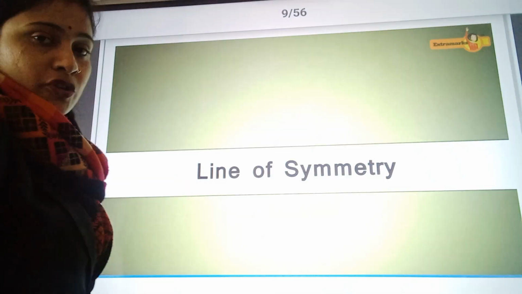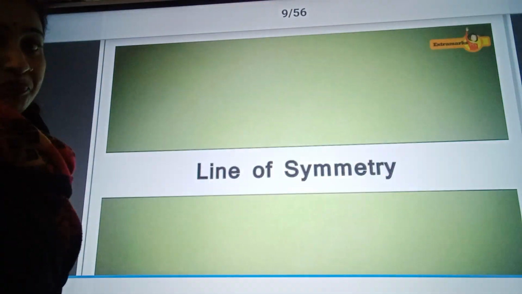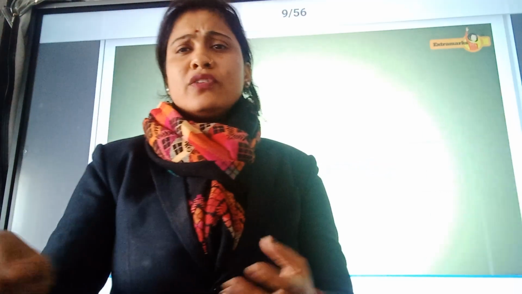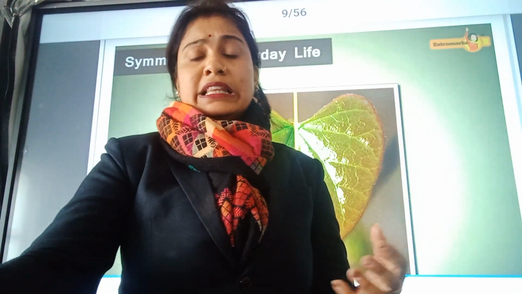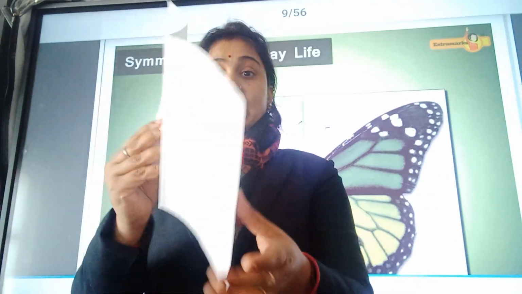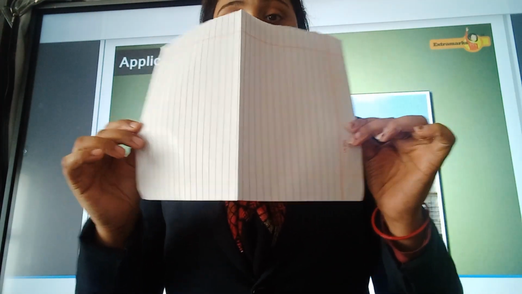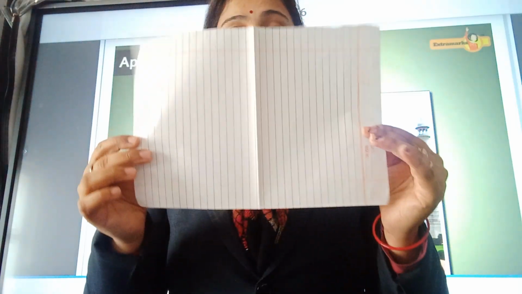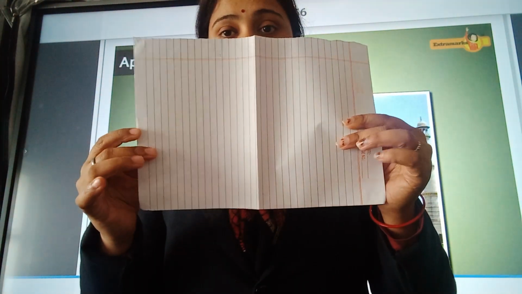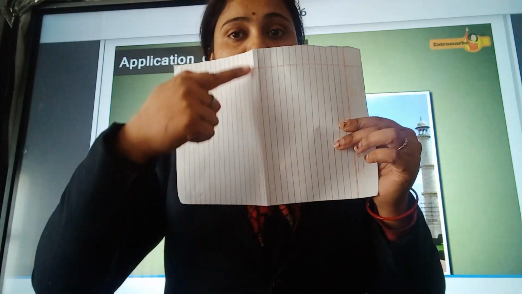So this was all about the line of symmetry. So if I discuss the line of symmetry in the concept which we have taken, let it be the figure. When I fold this particular paper, we get two halves. Can you see the line along which I folded it?